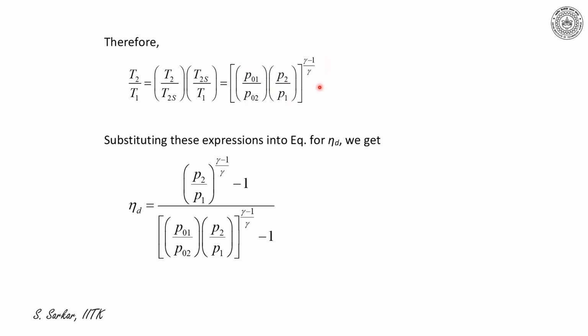Now substituting this in the equation for eta d, that is diffuser efficiency, we can get the expression of diffuser efficiency in terms of pressure ratio as (P2 by P1 to the power gamma minus 1 by gamma minus 1) divided by (P01 divided by P02 into P2 by P1 to the power gamma minus 1 by gamma minus 1).